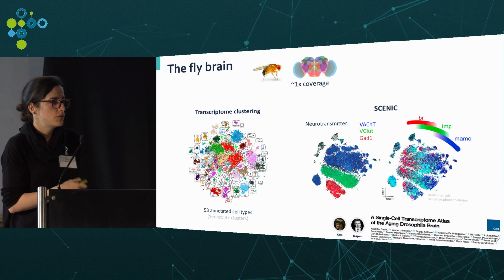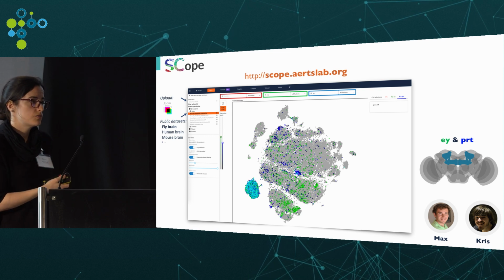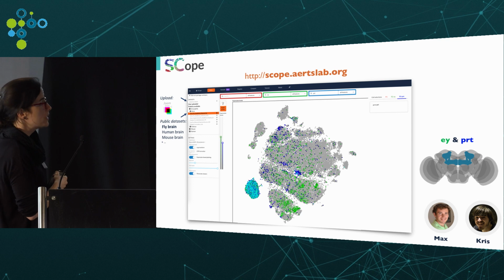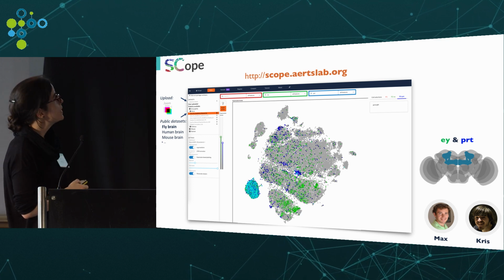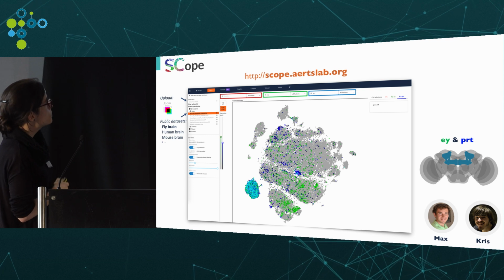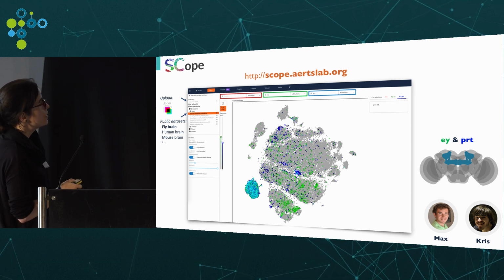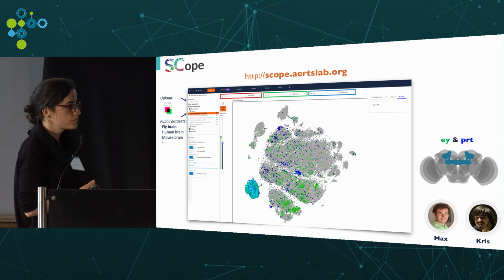In addition, lately we have also developed a new tool, SCope, which allows you to explore the results from SCOG, or actually any loom file that you input into it. It's available at this URL, but it can also be installed locally. In the main tab, you can just explore the activity of specific genes. For example, we have genes representing the Kenyon cells in the fly brain.